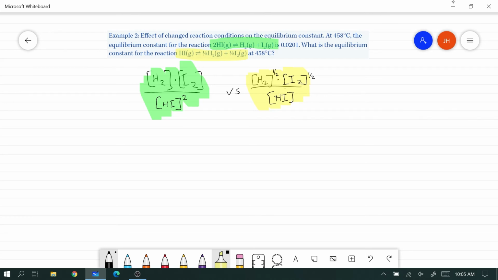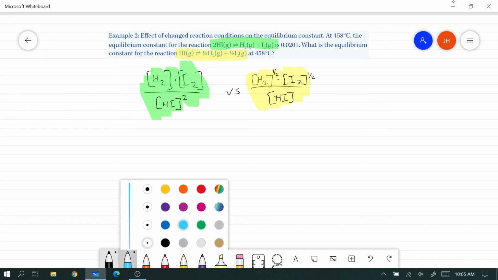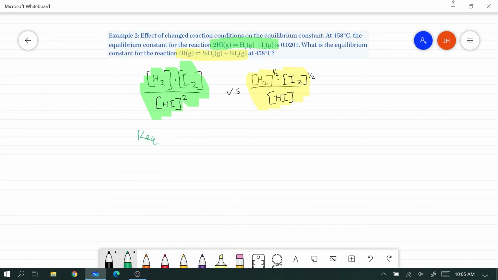Now, we don't have to substitute numbers and concentrations in for all of these to know what that value is going to be. If we already know that the Keq for this first reaction is 2.01, which is here, we calculated that already.